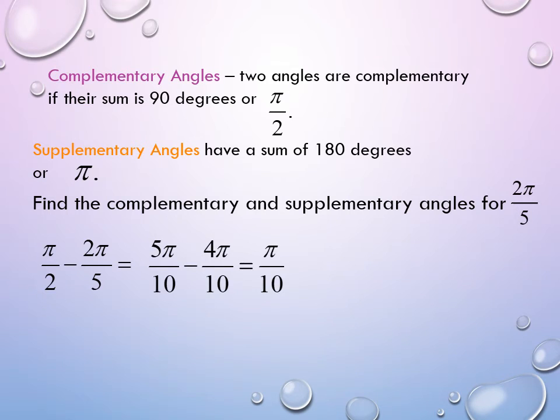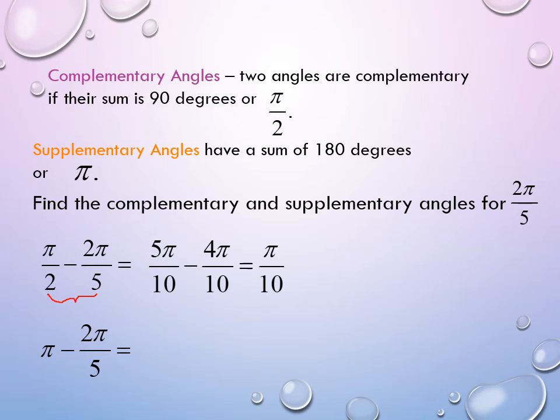So we get here 5 pi over 10 and 4 pi over 10. We converted by finding the least common multiple, which is 10. So 2 times 5 gives me 10, and 5 times 2 gives me 10, and 2 times 2 gives me 4. So a complementary angle would be pi over 10 in radians.